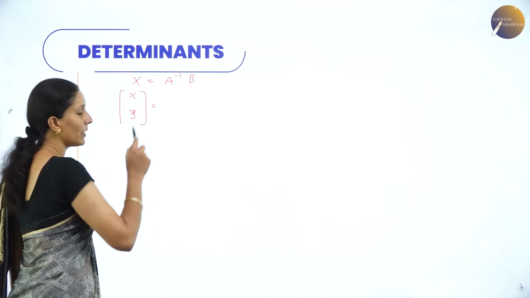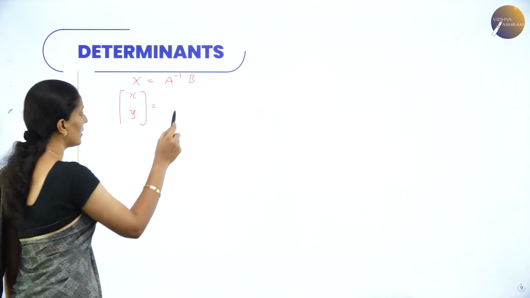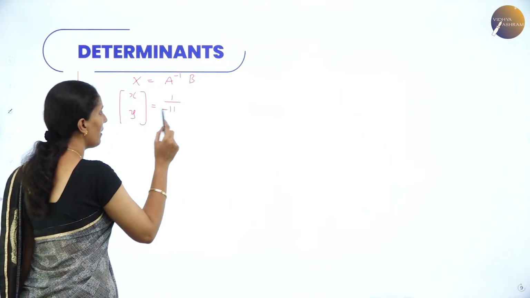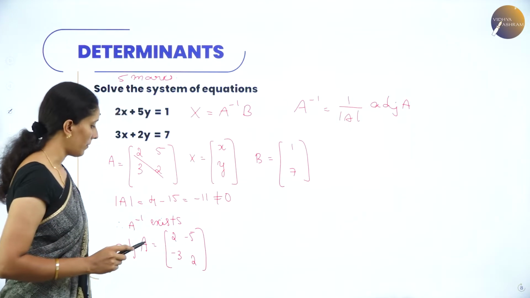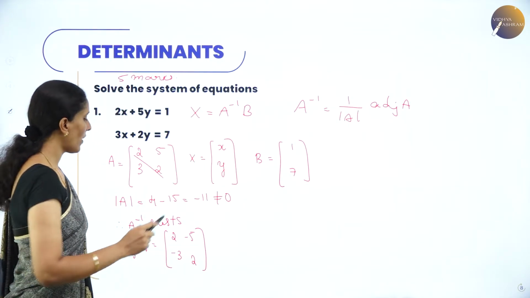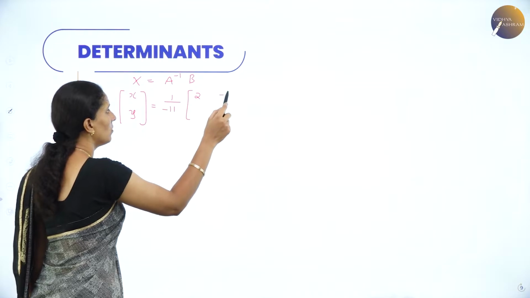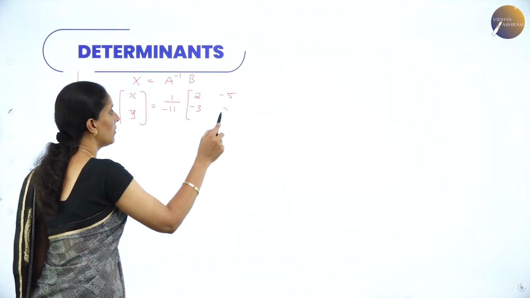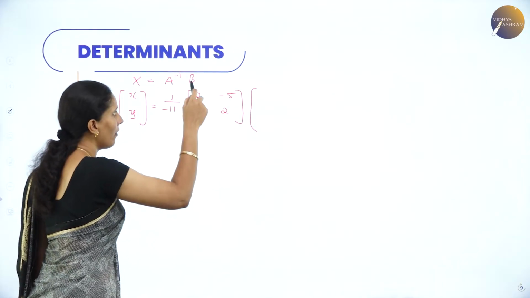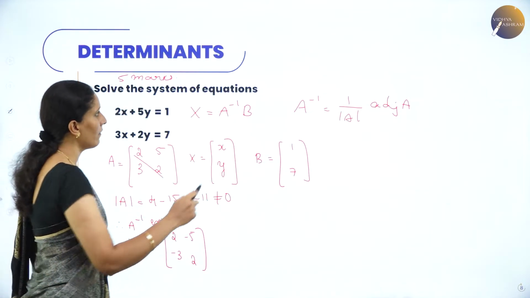A inverse B is 1 over determinant A, that is 1 over minus 11, and adjoint A, which is 2, minus 5, minus 3, 2. And here we have B. What is matrix B? 1 and 7.